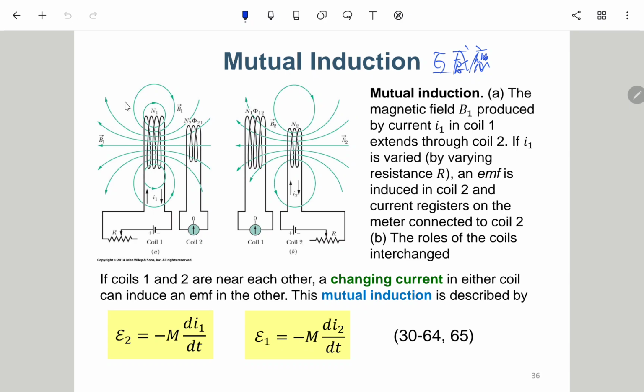If we can change the current, we can also change the B field generated by this coil. That's the idea.